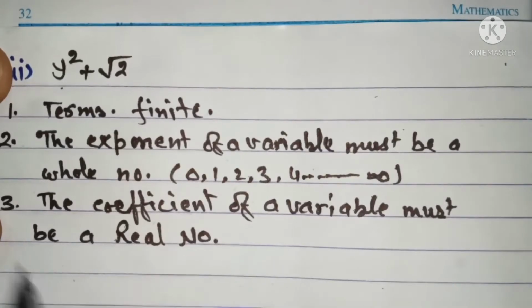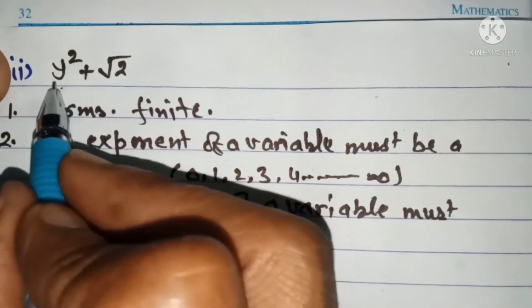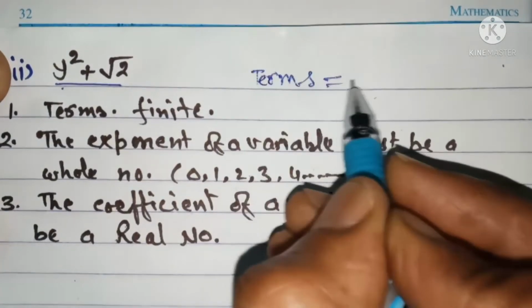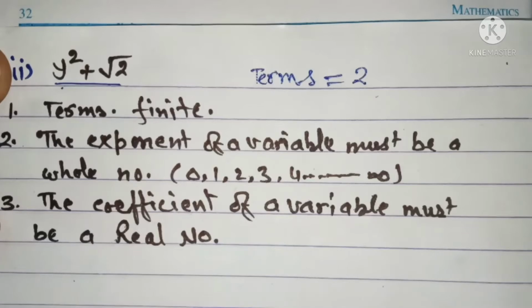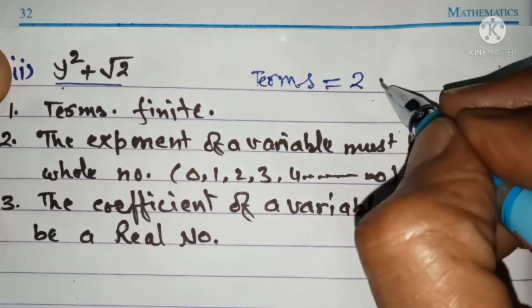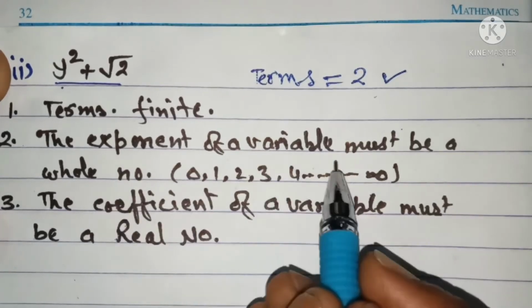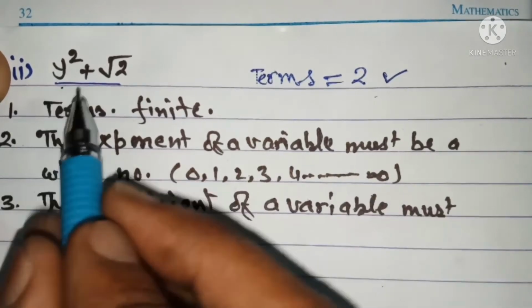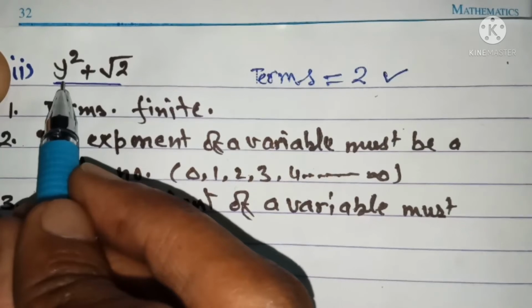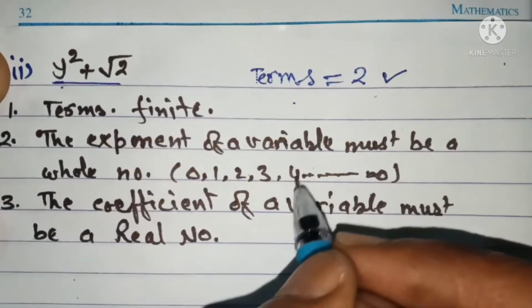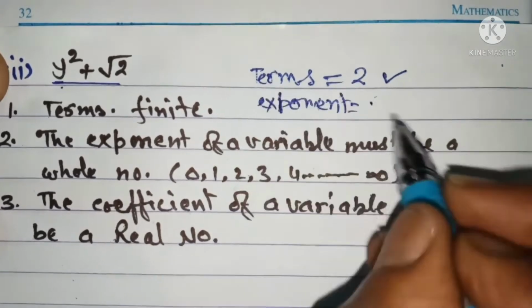Now let us check the characteristics of a polynomial. In this expression there are two terms. The number of terms are 2. So it is finite. The first condition is fulfilled. The second one, the exponent of a variable must be a whole number. Here the variable is y and the degree of y is 2, which is a whole number.